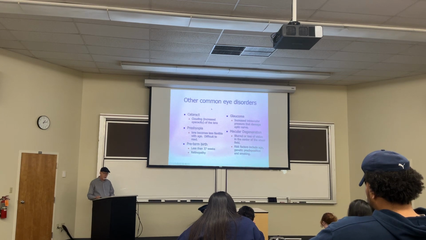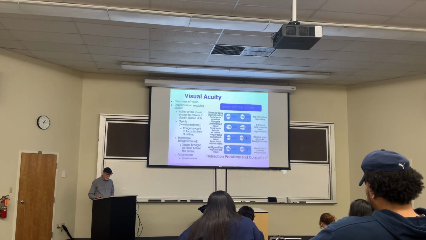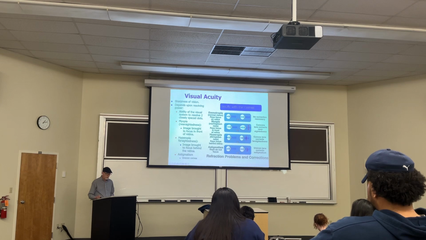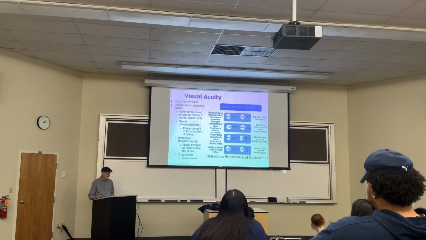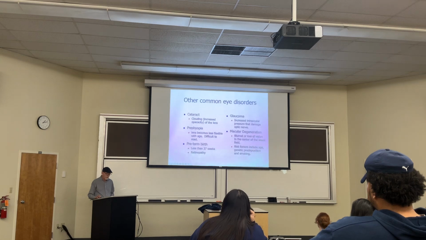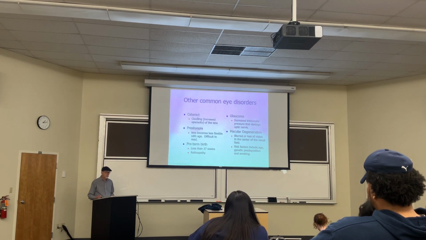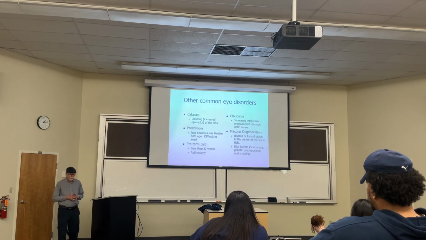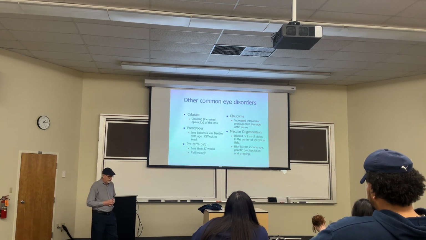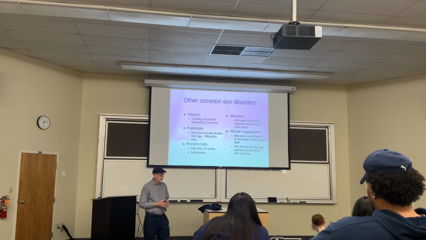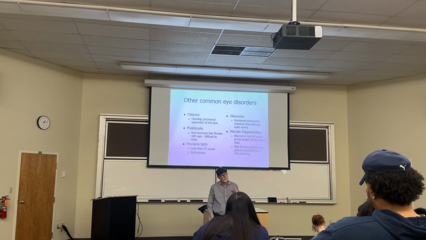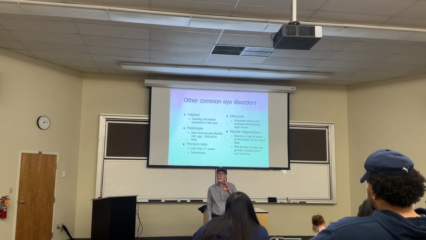What about some other eye disorders? All of these here are issues with the cornea. And so we put that in big letters up here, issues with the cornea. Okay? What about others? Well, cataract and presbyopia are issues with the lens. Cataract is, as we age, the light rays have energy, and over time, the lens becomes damaged to some degree, and it becomes more cloudy, more opaque.